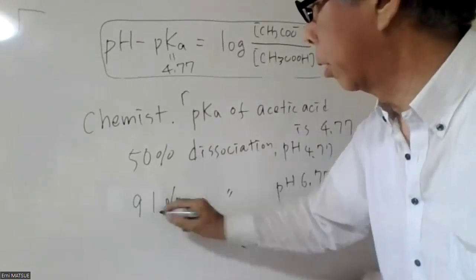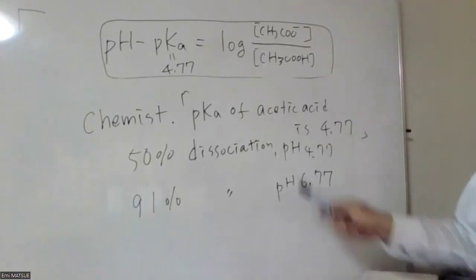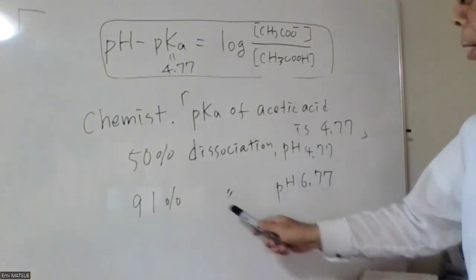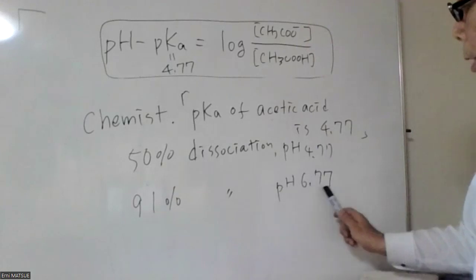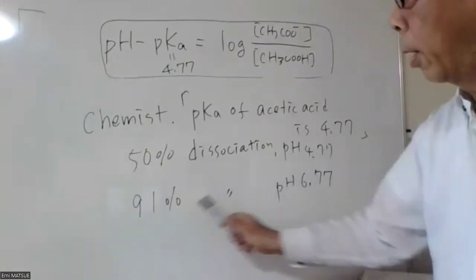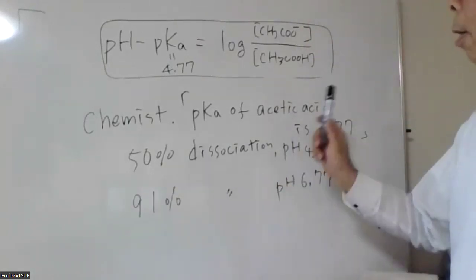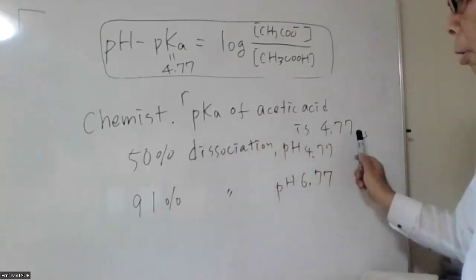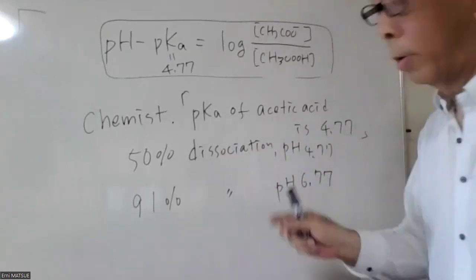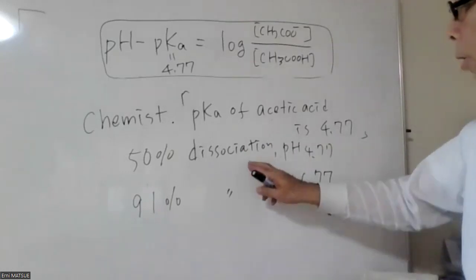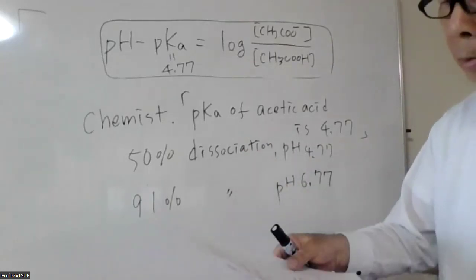At pH 6.77, the result is 91% dissociation of acetic acid. Only from this information we can know the dissociation ratio of acetic acid.